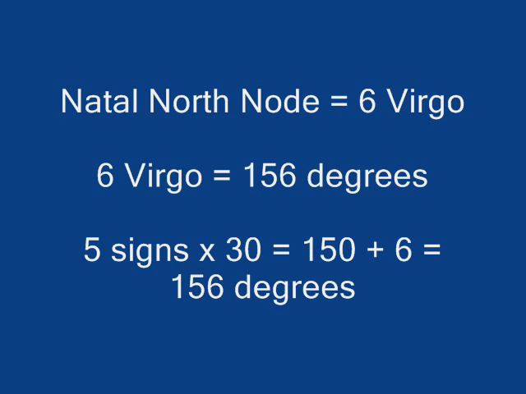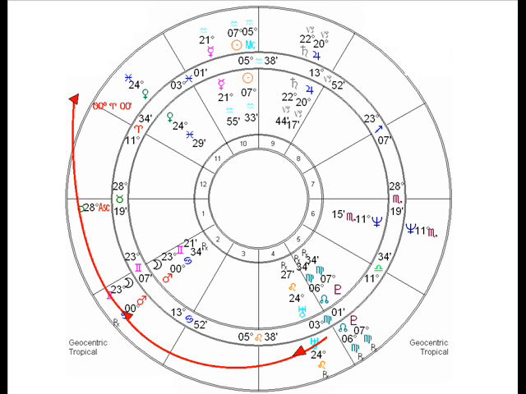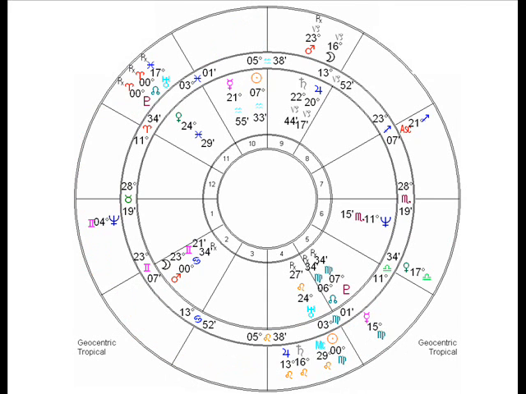In other words, the 150 degrees is 5 signs of 30 degrees: Aries, Taurus, Gemini, Cancer, Leo. 5 signs of 30 degrees equals 150 degrees, plus the 6 degrees in Virgo equals 156. So we would take the 156 degrees and subtract 156 degrees from each natal position to derive the Draconic position.